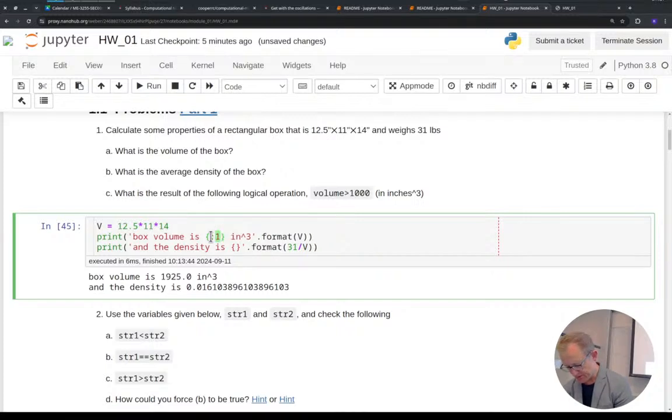I'm going to change the formatting though. 1.0F, and then let's do 1.3F.